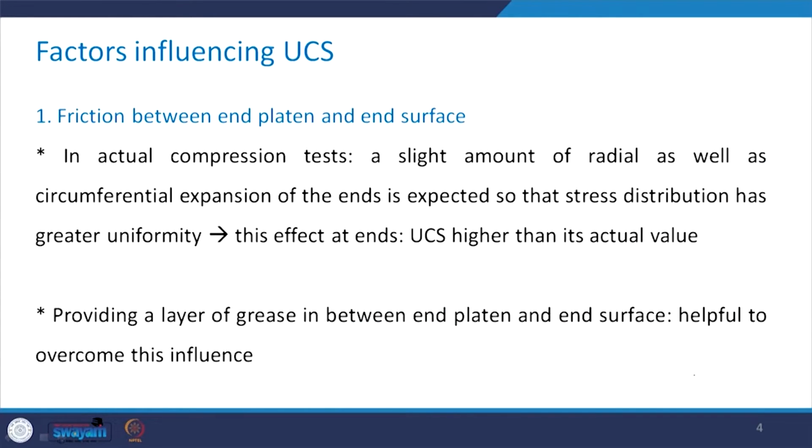What happens in an actual compression test is that a slight amount of radial as well as circumferential expansion of the ends is expected, so that the stress distribution is more uniform. This effect at the ends gives rise to a higher value of UCS than its actual value.